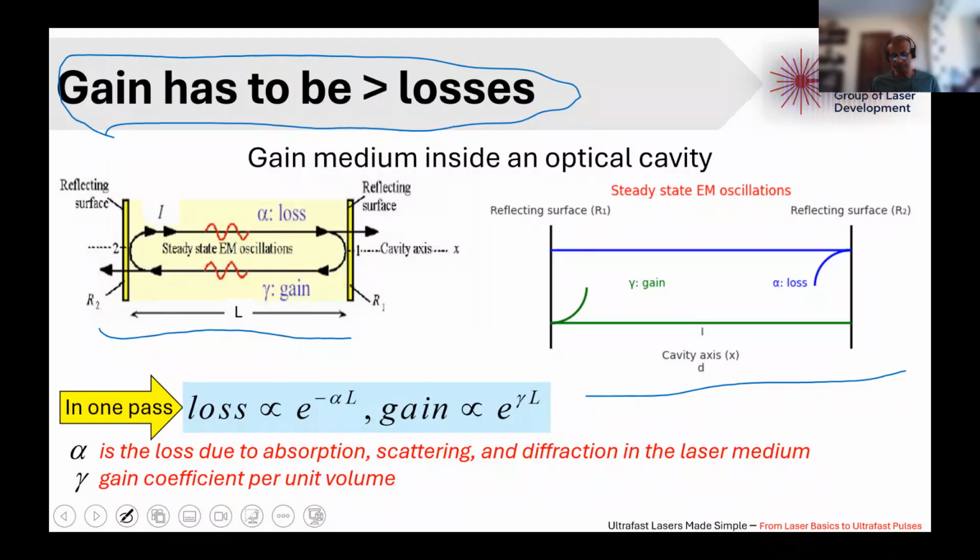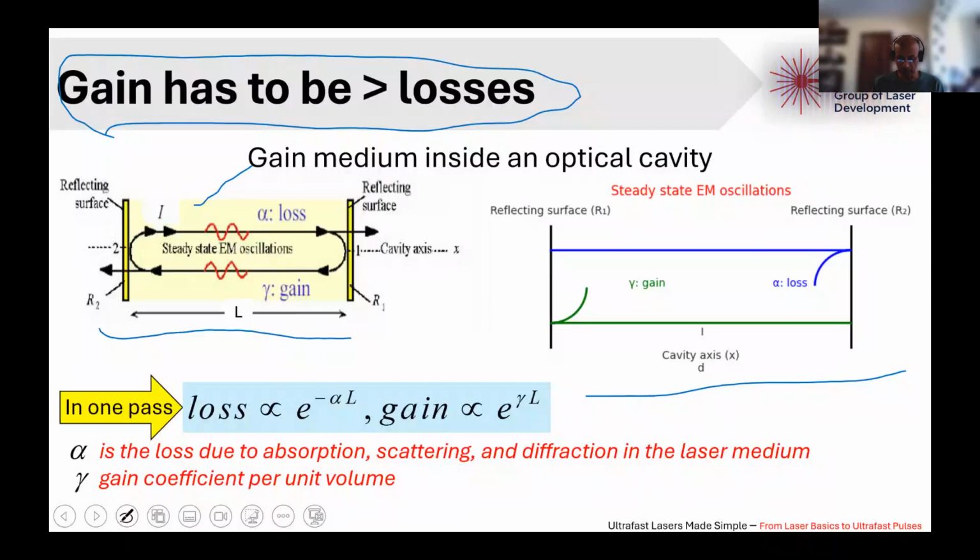Whenever the photons are moving to and fro in the cavity, they lose and gain, lose and gain. But if there is no pump, or if we don't have a cavity, then losses will increase and the gain will be reduced. So the gain is supposed to be greater than the losses.